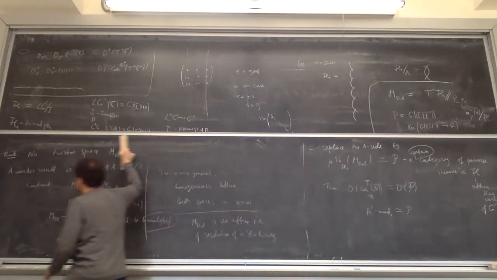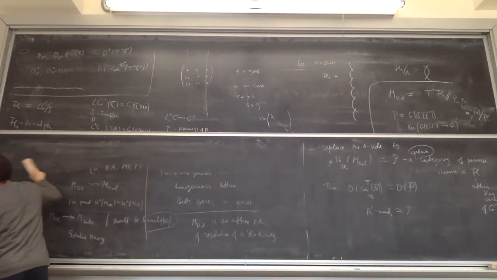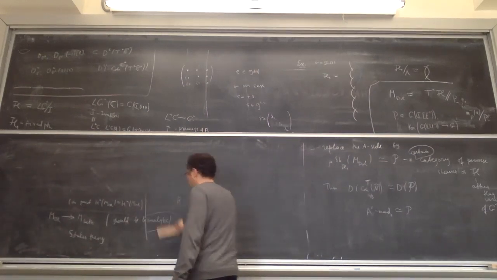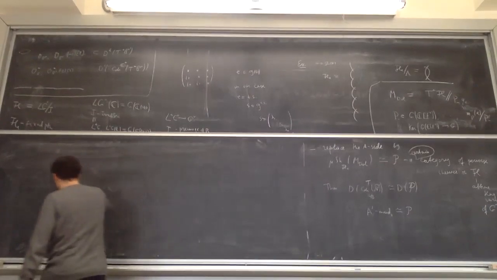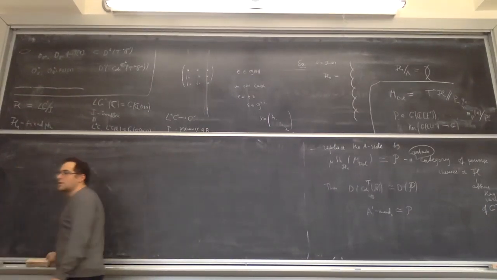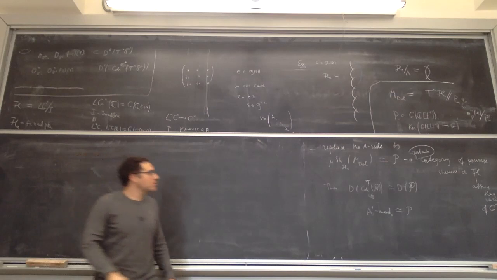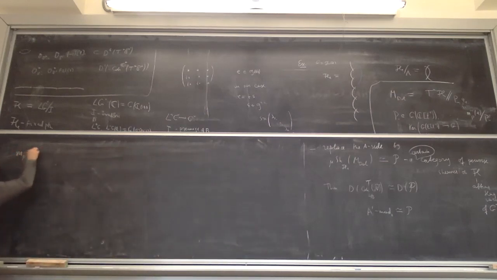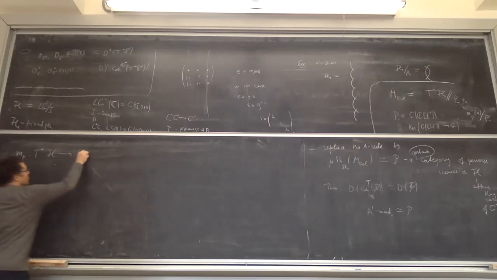And so the moment map, MP, goes from P minus to P minus star. So MP goes to T star flags to the algebra.